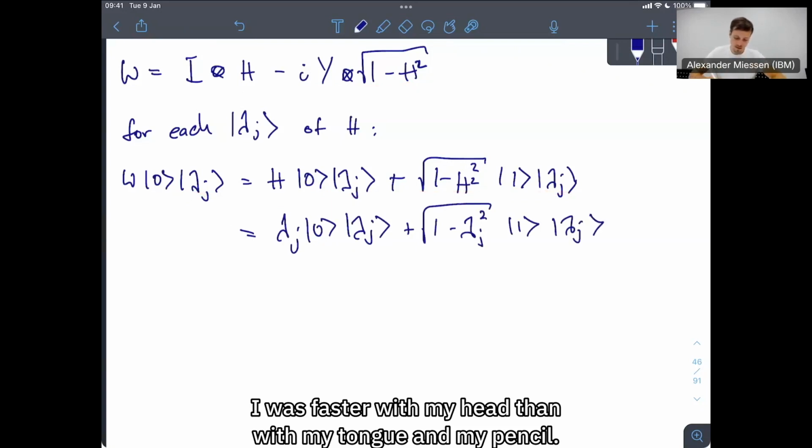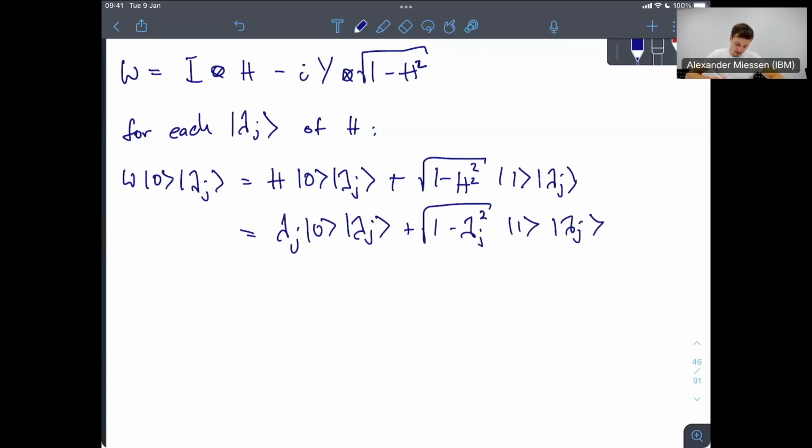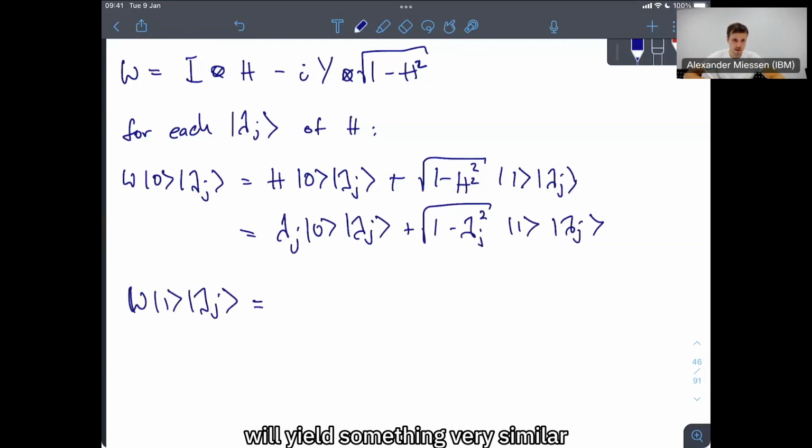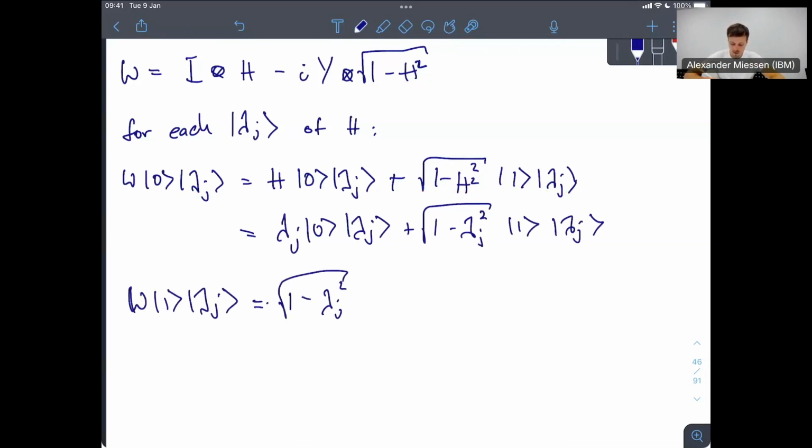And of course, applying this to the orthogonal state will yield something very similar, with a minus there.